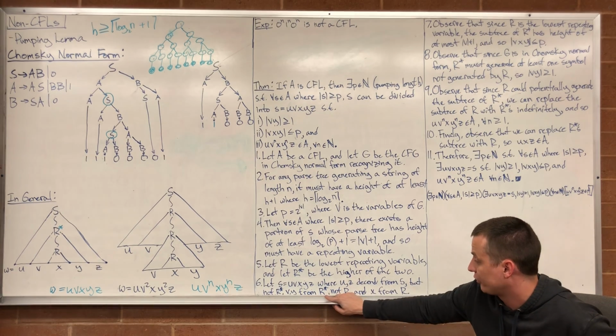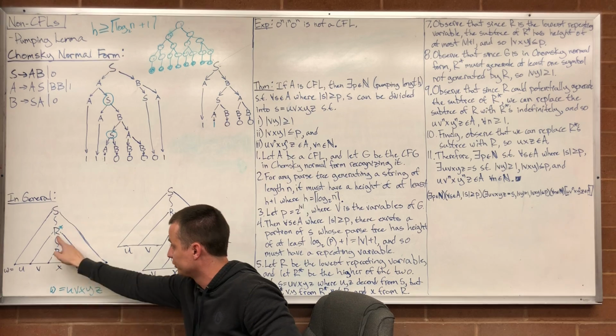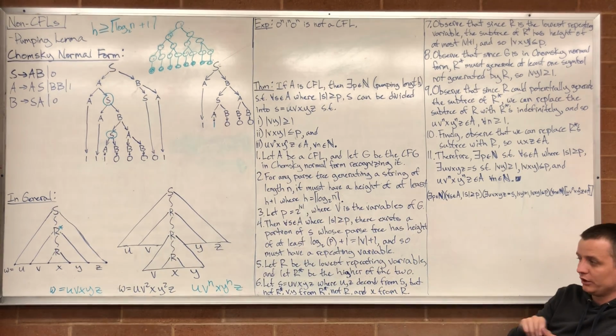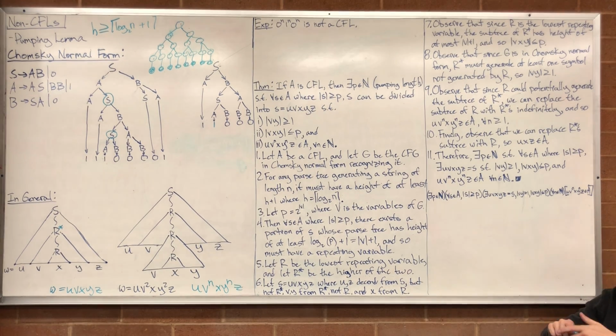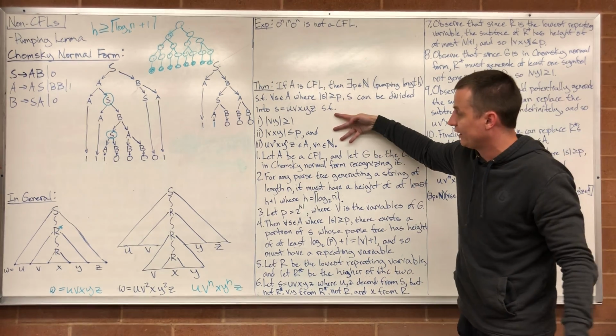V and Y come from R star, but not from R. So V comes from R star, Y comes from R star, but not from R. And X is the part of the string that comes from R. Good? Okay. Now we've split it up that way, we're going to show that they satisfy these 3 properties.